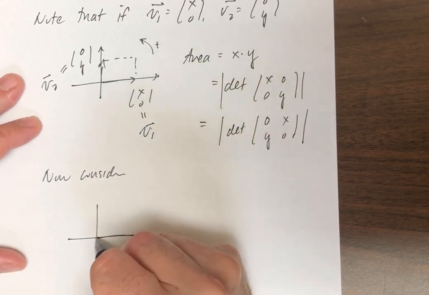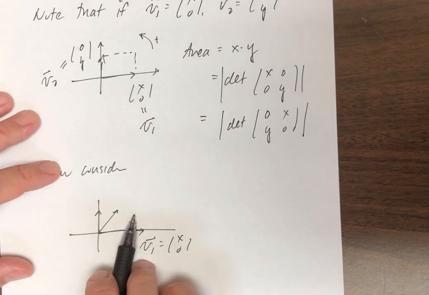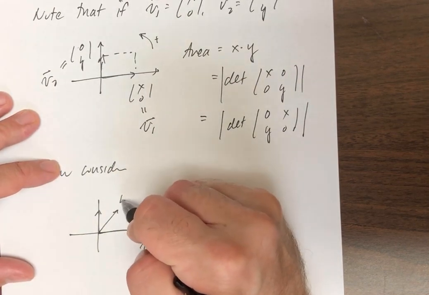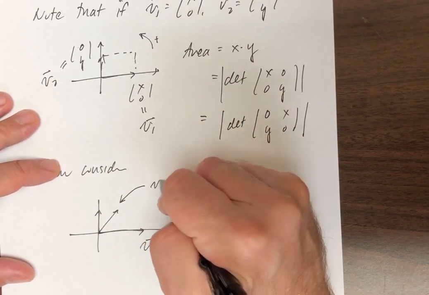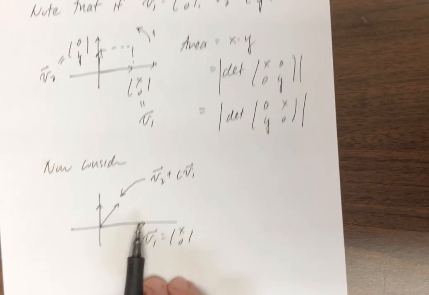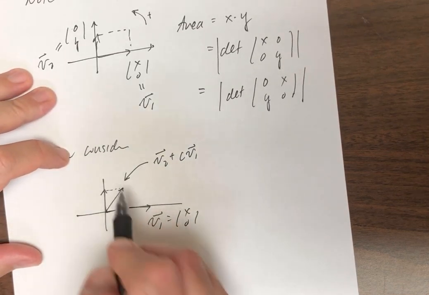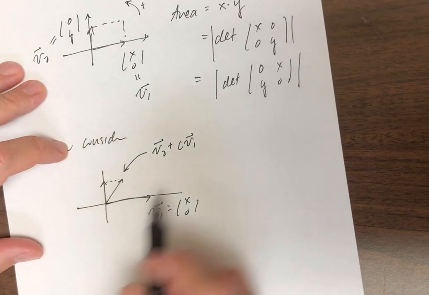But now I'm going to take V2 and shift it by taking a multiple of V1. So this is V2 plus cV1, right? I've replaced V2 with a multiple of V1, because I took a little bit of V1 and added it to V2 to get this new vector.